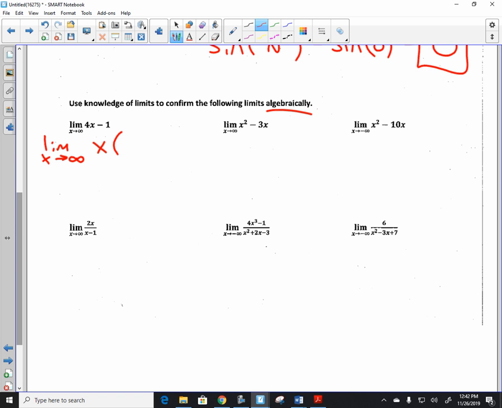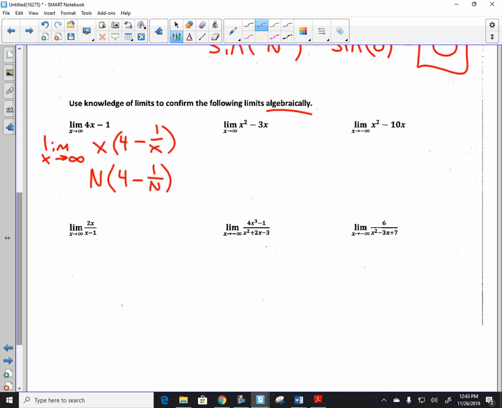When I factor out x to the first power, what are we left with? 4 minus 1 over x. Agreed? And now I'll plug in a very large number for x. A very large number times 4 minus 1 over a very large number.